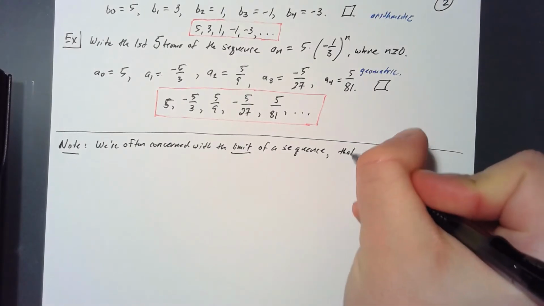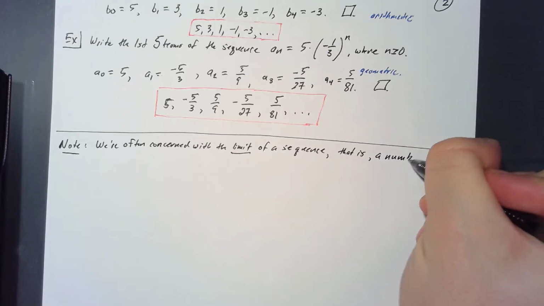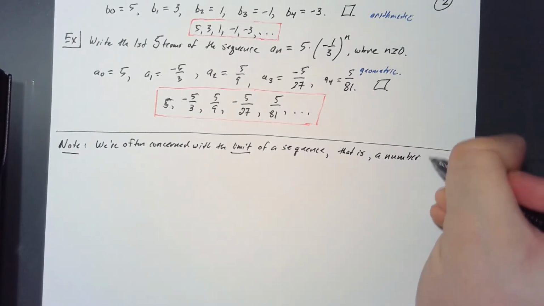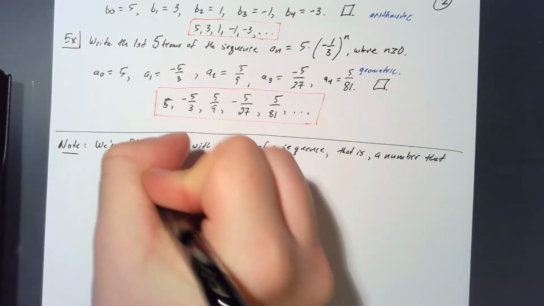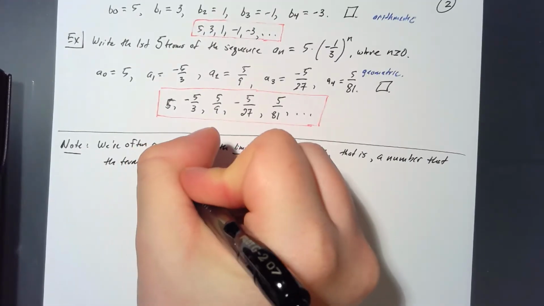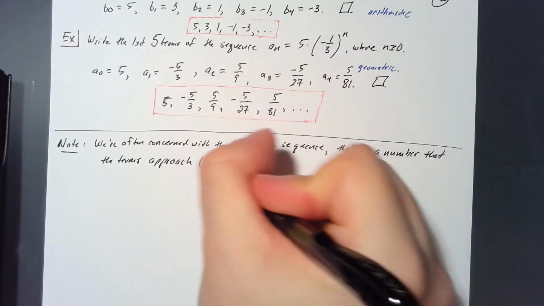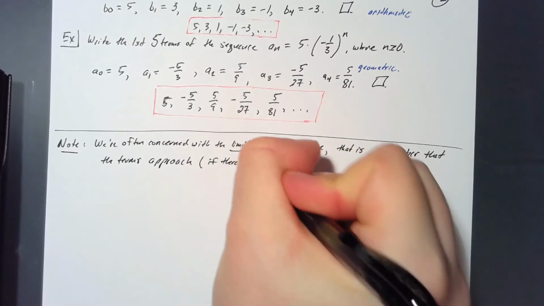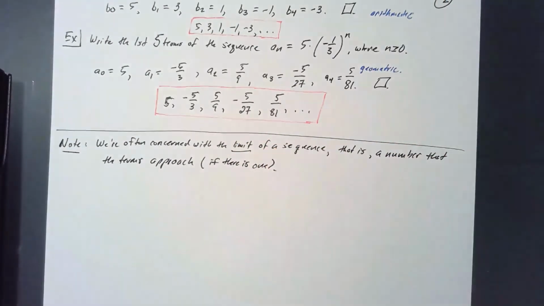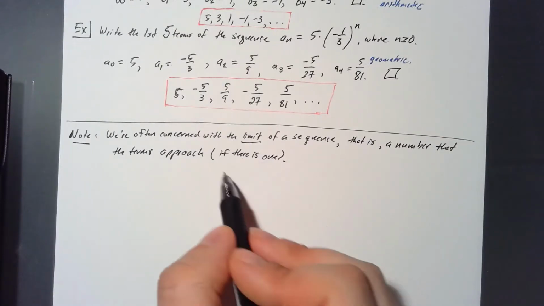That is a number that the terms approach. And I'll put in parentheses if there is one. Because sometimes, and you'll see what I mean, sometimes the terms don't approach a value.